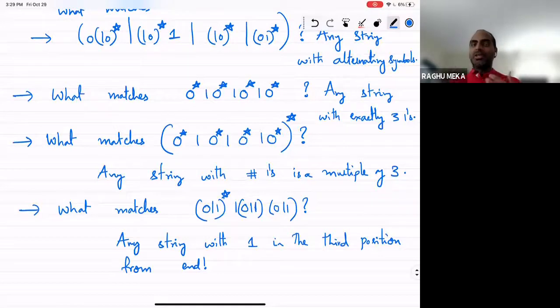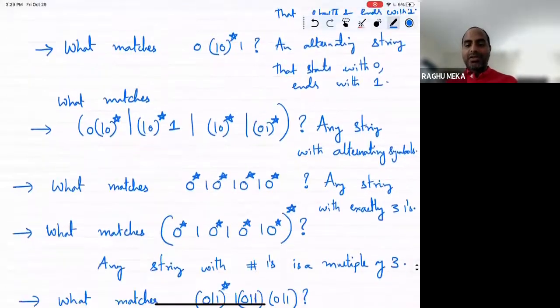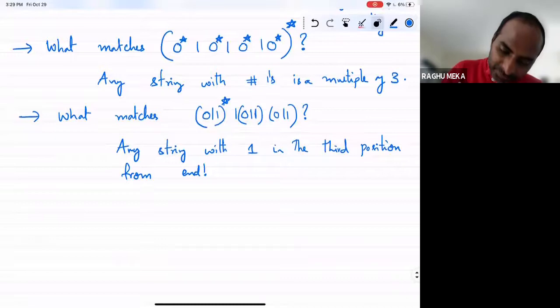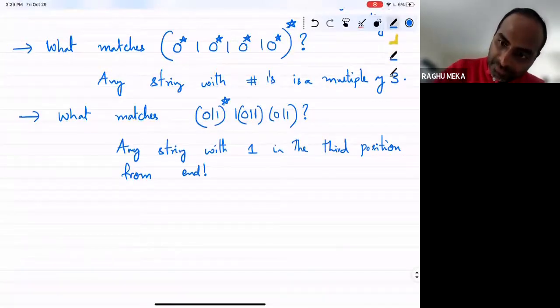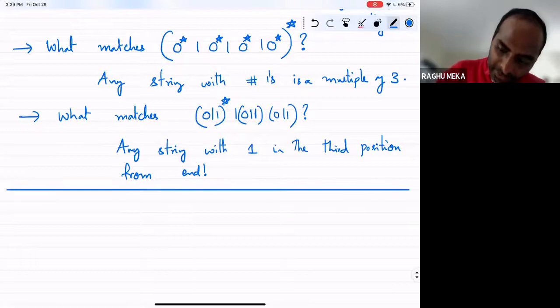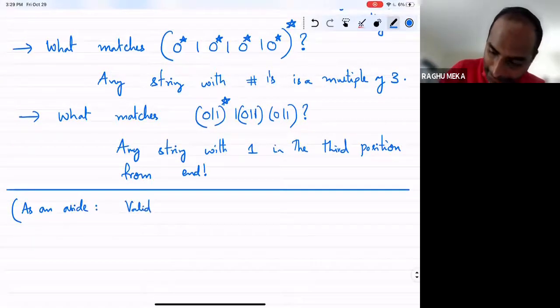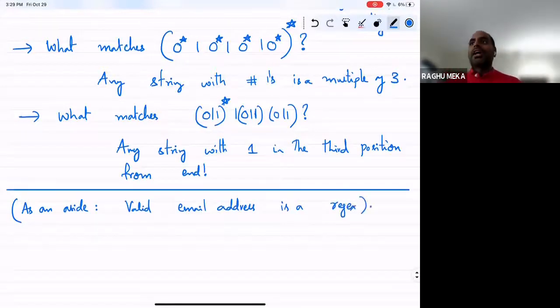so hopefully you're getting a sense of these kinds of patterns, right? For instance, if I ask you to look for a valid email address, I input a text, and then sometimes when you're filling out these forms, it will say, okay, this is not a valid email address, right?